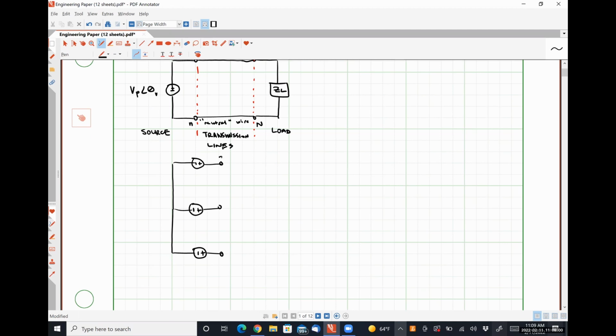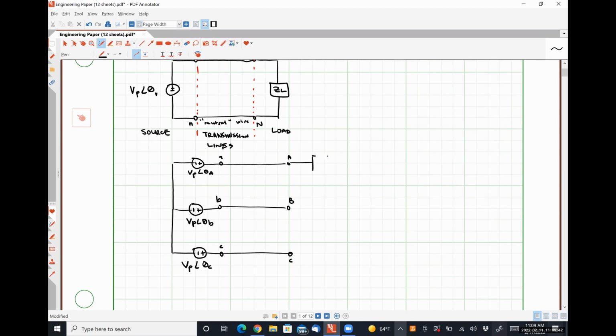I'm going to call this guy A, B, and C. This voltage will be VP angle theta A. This guy will be VP angle theta B. That does not look like a good B. Doesn't particularly matter for right now. And we have our transmission lines, A, B, and C.